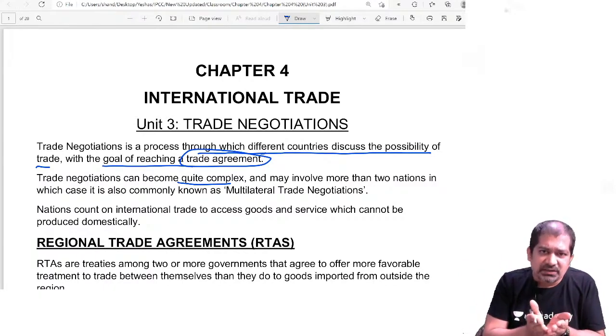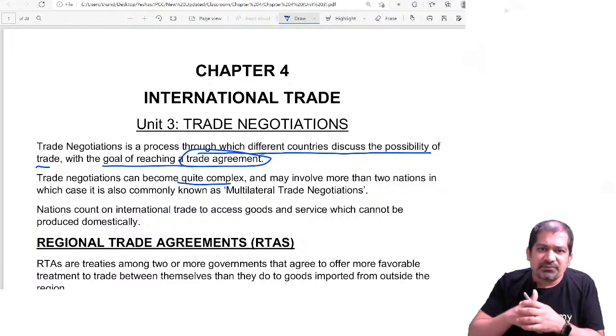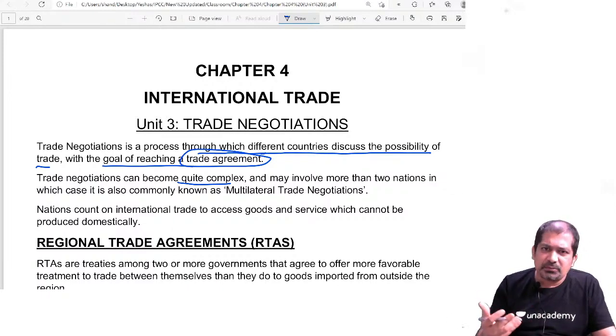But we all know that it's better to come to an agreement than not to have one, because without a trade agreement, trade will be affected and mutual benefit will not be derived. So countries sit down on a common platform, for example the WTO and other trading blocs, to negotiate on trade. There is always a negotiation, just like a buyer and seller negotiating.